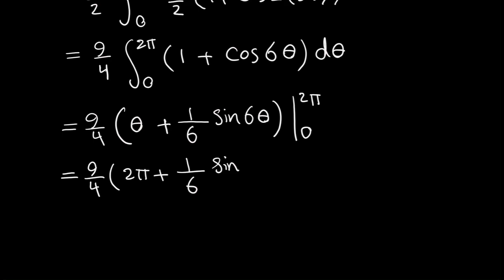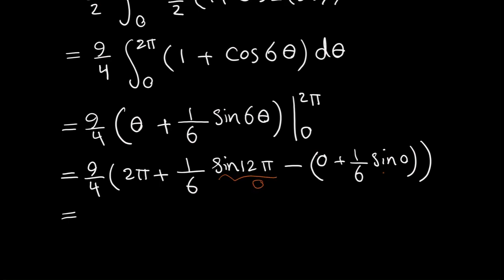Now we plug 0 instead of theta. So we have sine of 0, sine of 0 and sine of 12 pi, all of them are 0. So the only remaining part is 2 pi times 9/4. That equals 9 pi over 2. This is the area of the rose.